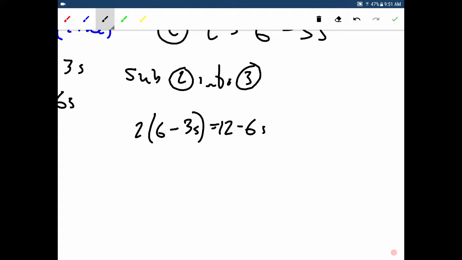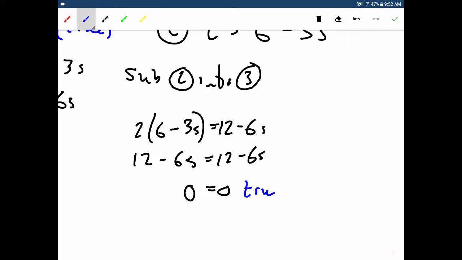Okay. So we get 12 minus 6s equals 12 minus 6s. In other words, 0, you could subtract everything from everything, that works to 0 equals 0, which is also true.